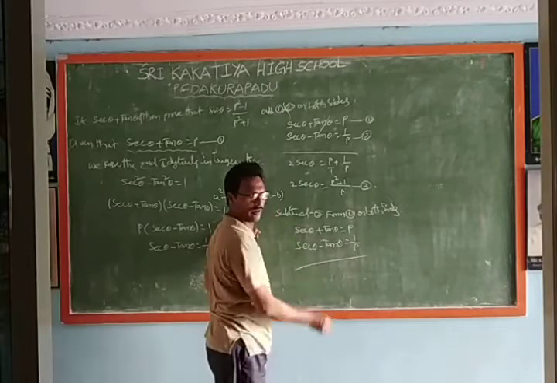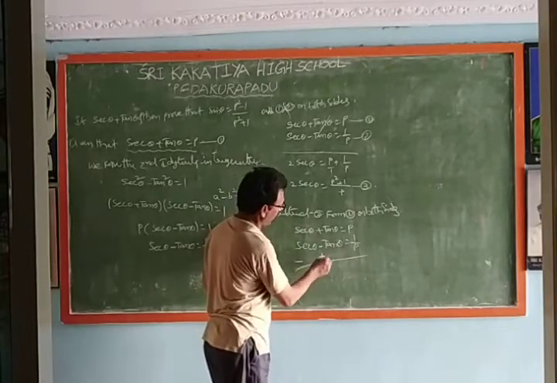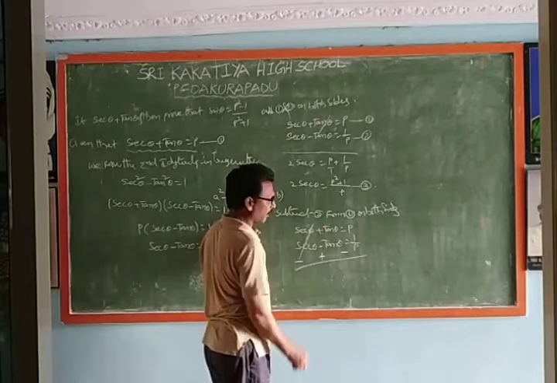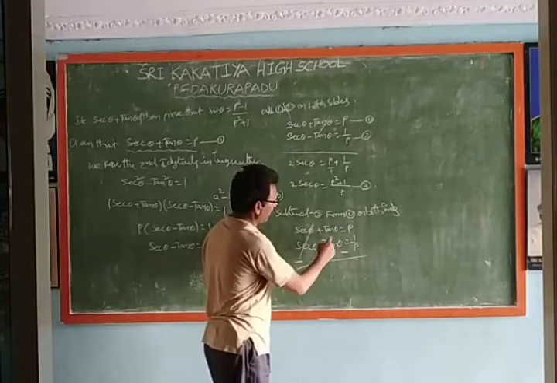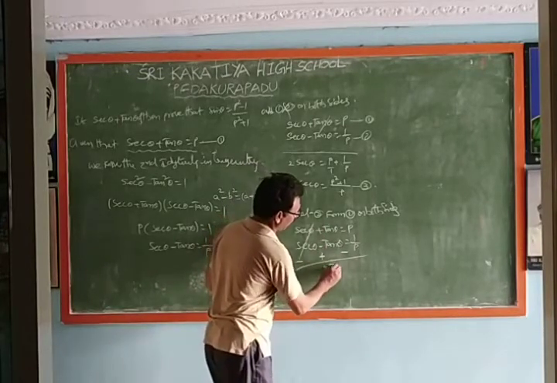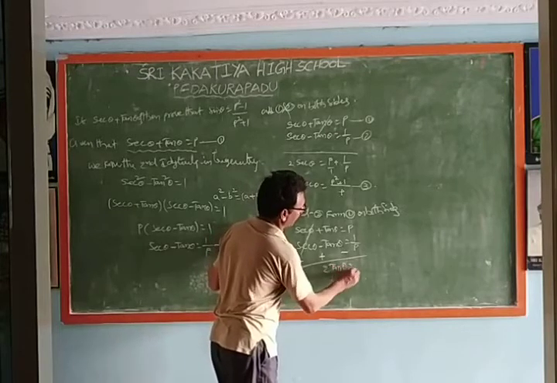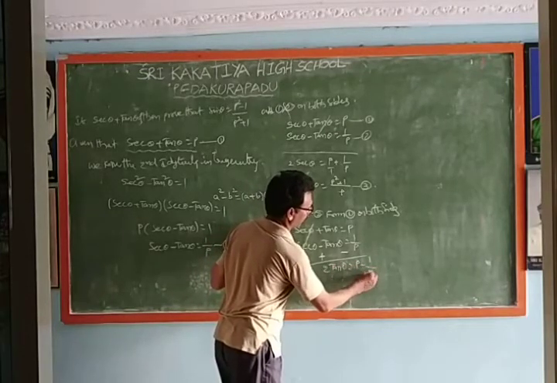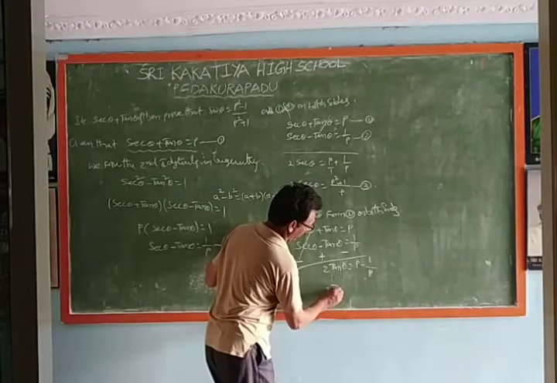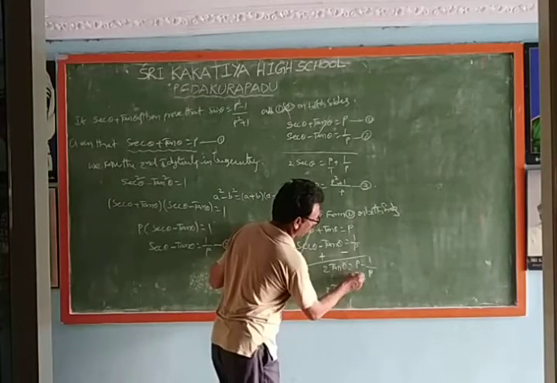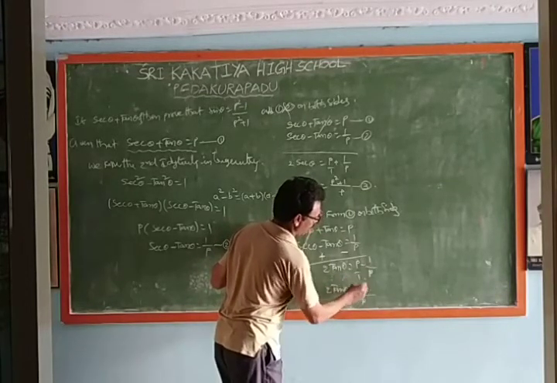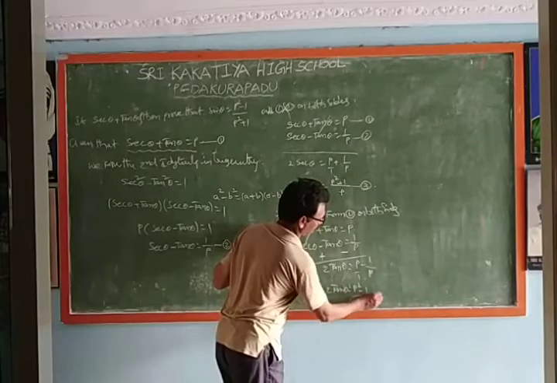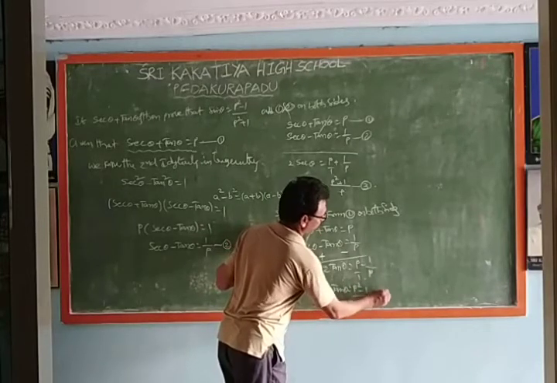We subtract: minus, plus, minus. Secant theta and secant theta cancel. Tan theta plus tan theta is equal to 2 tan theta is equal to p minus 1 by p. Okay, 2 tan theta is equal to, LCM is here also p, p square minus 1 by p. This is the fourth one.